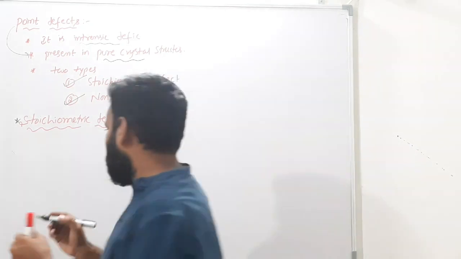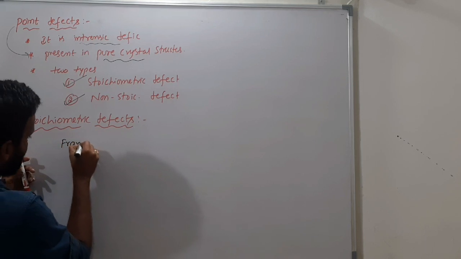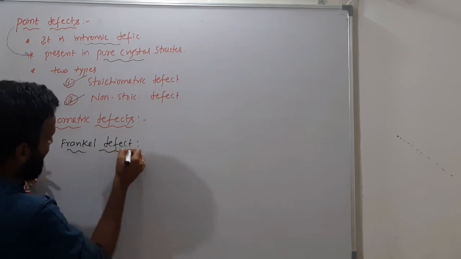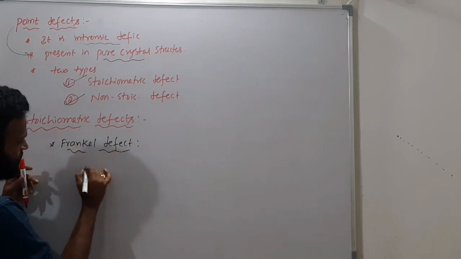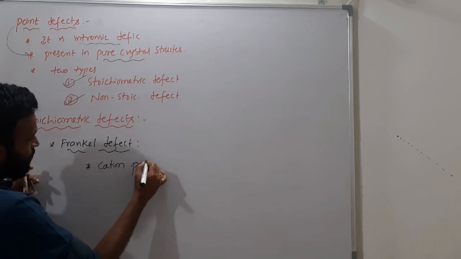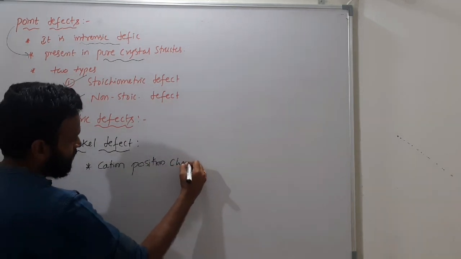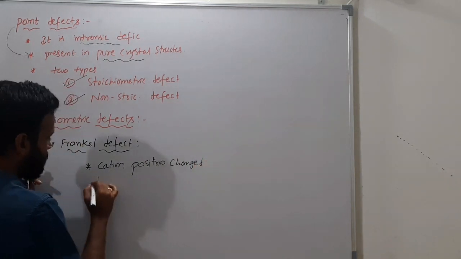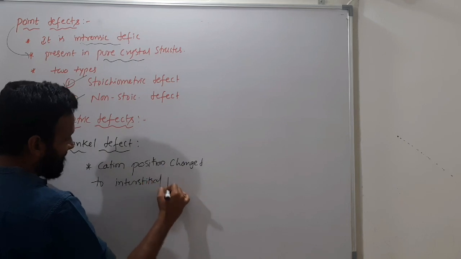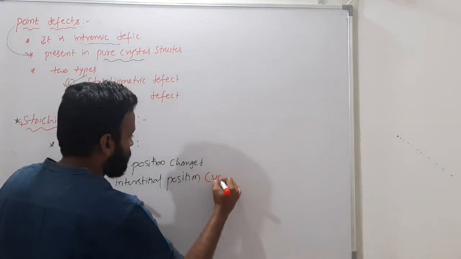So what can you say about this Frenkel defect? As I told you, in Frenkel defect, the cation position changes to the interstitial position. The interstitial position is called a void.